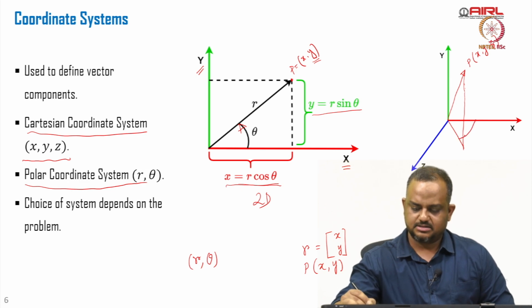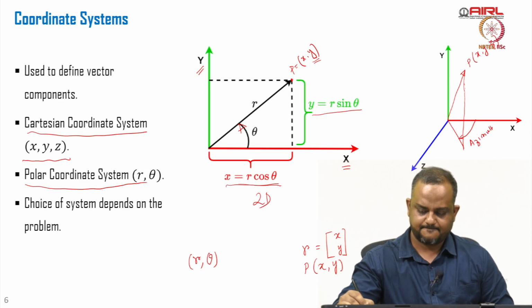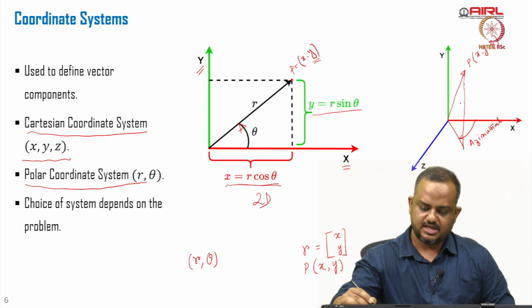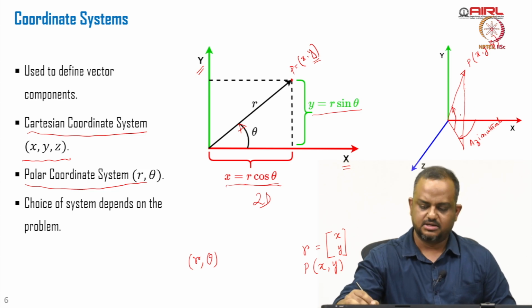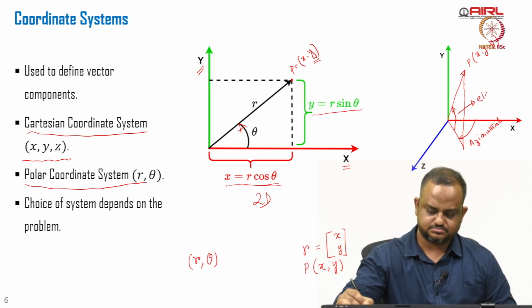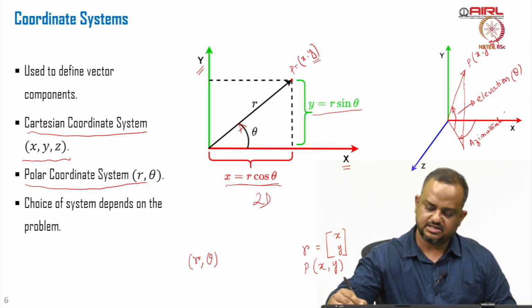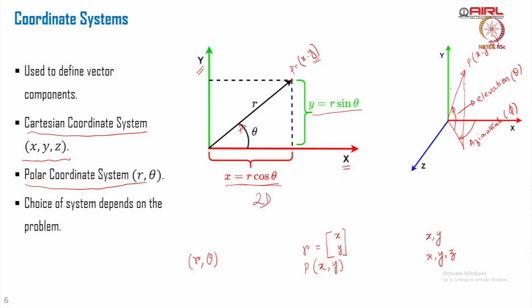This particular angle is called the azimuthal angle, and this particular angle, which captures the elevation of the vector from the xz plane or horizontal plane, is called elevation. The elevation can be represented by theta, the azimuthal angle can be represented as phi, and the vector is r. So in the three-dimensional polar coordinate system, the vector can be represented as r, theta, phi.